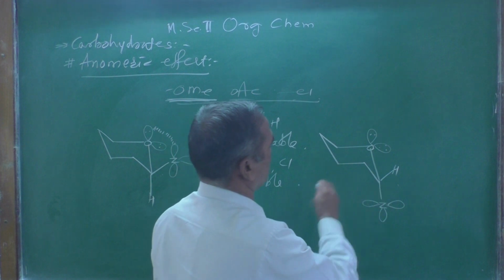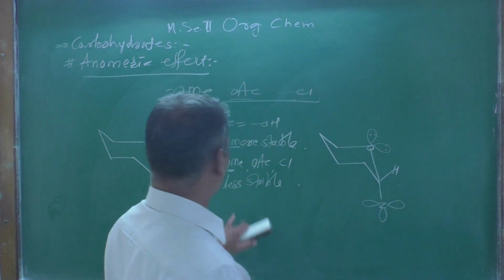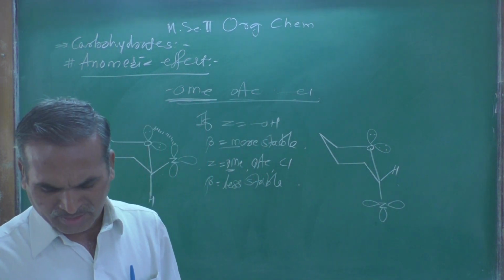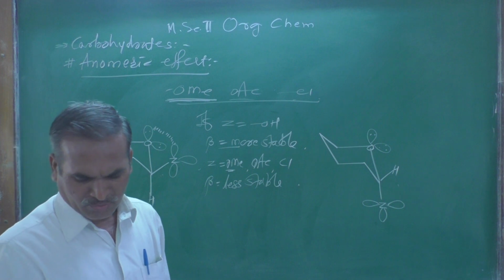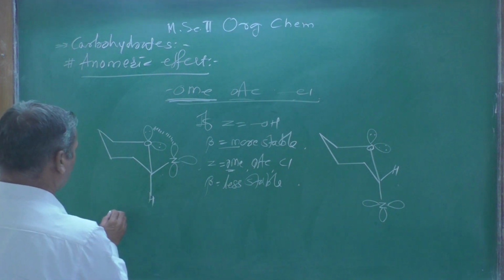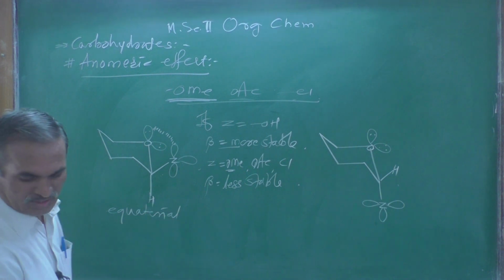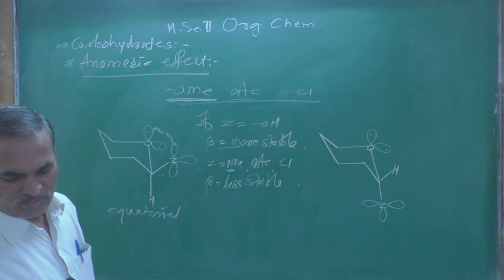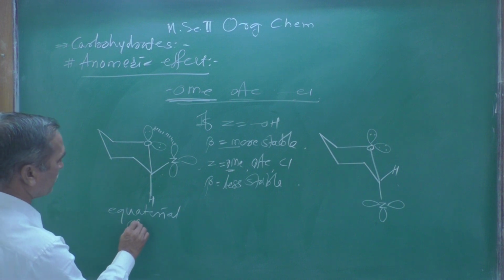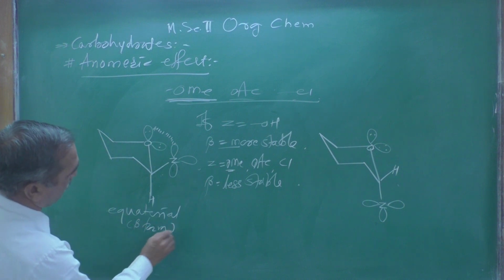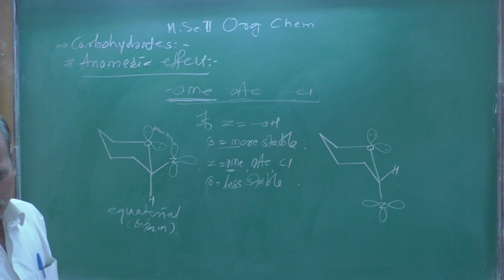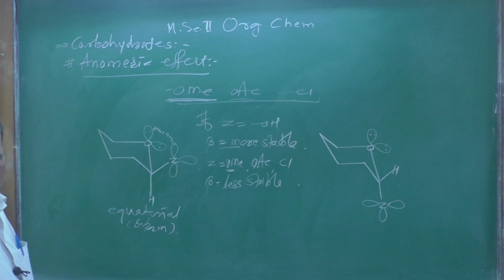Remember here, let us see, less stable, and now it is equatorial. This one is equatorial, the beta form. It is a beta form, above the plane.